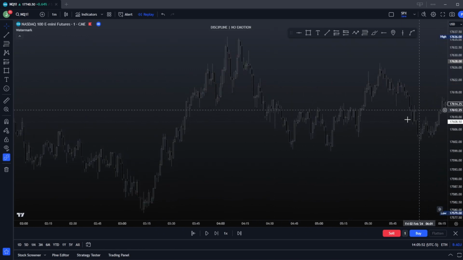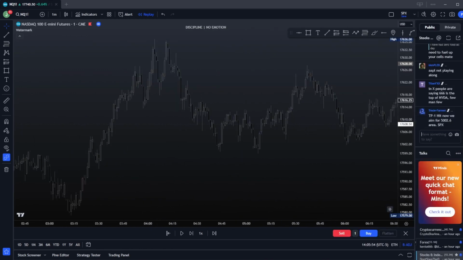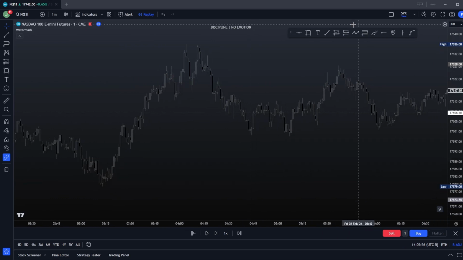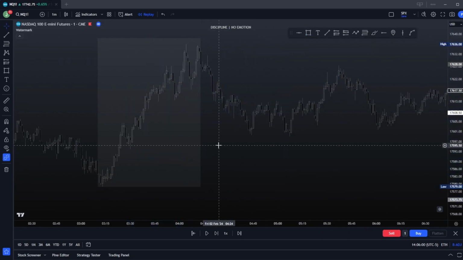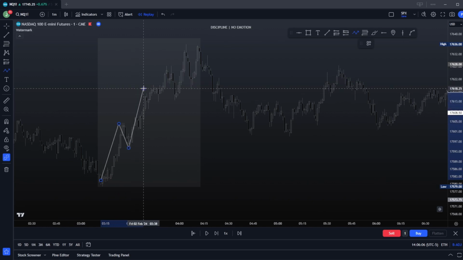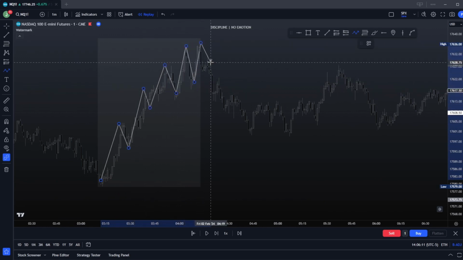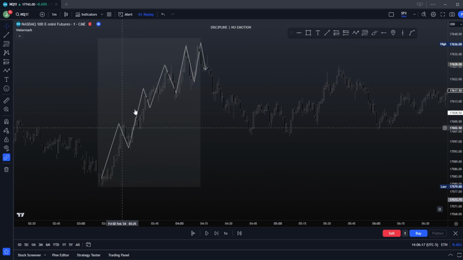Here's an example. Something like this. So we have this trend, right? Higher highs, higher lows. This is exactly what a trend looks like. Now we're bullish.